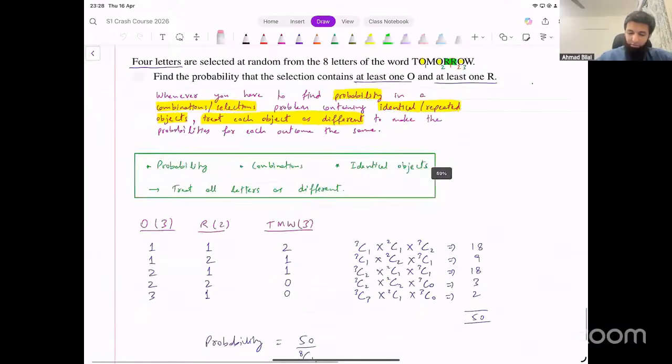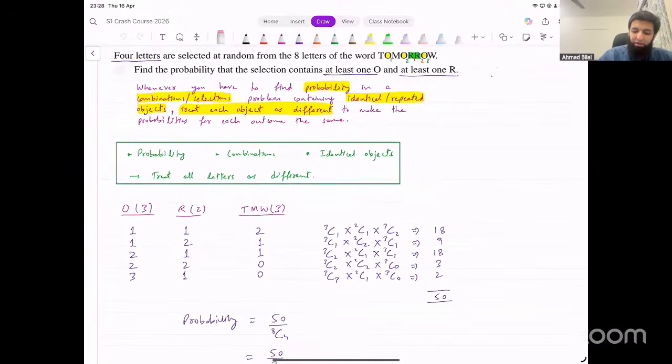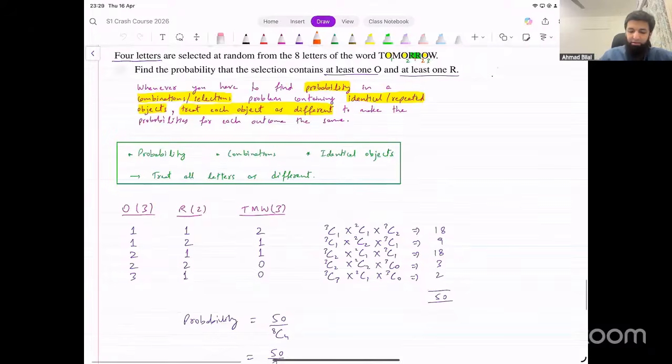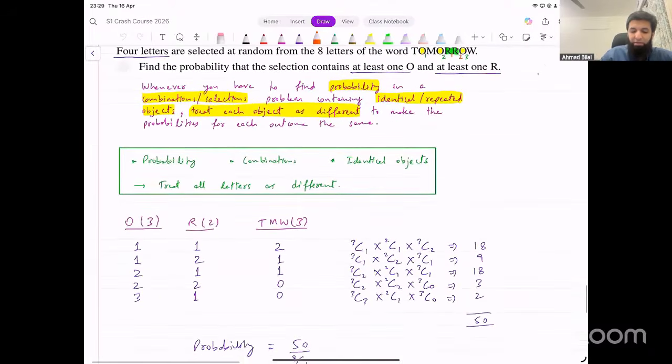When you're finding probability in a combinations problem, when you have repeated objects, you have to treat every letter as different, every object as different, right? In number of selections, we consider them same. In probability, we have to consider them different. We spent time understanding the logic behind it, but then you have to memorize this condition. Probability, combinations, identical objects. When it comes to probability, you have to treat the objects as different in combinations.